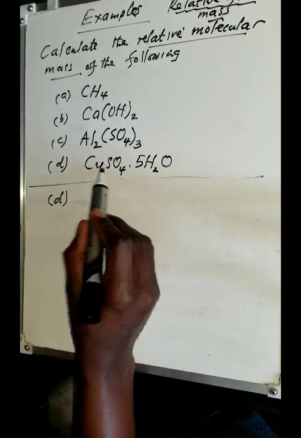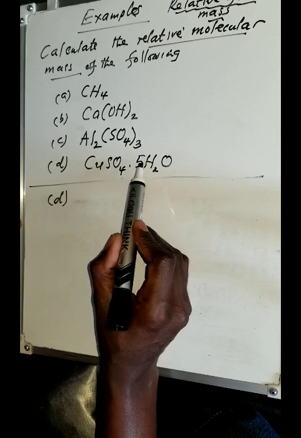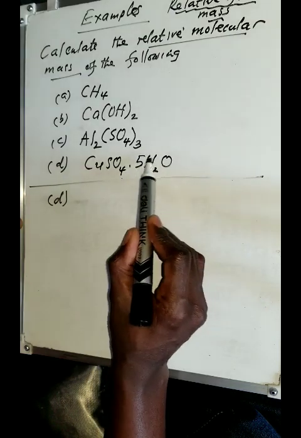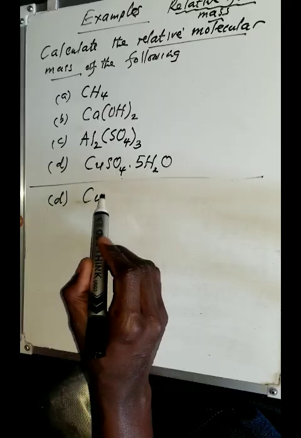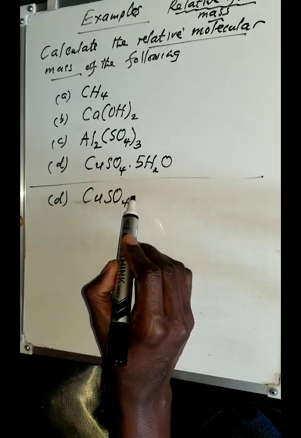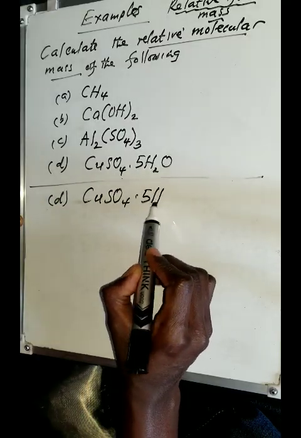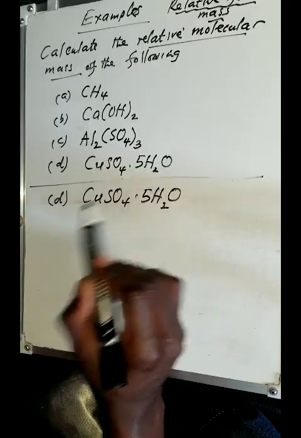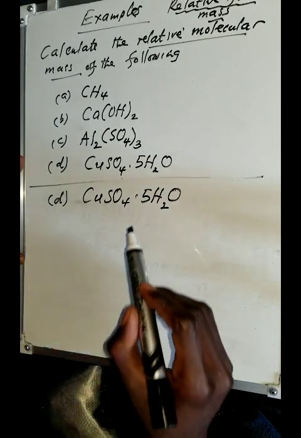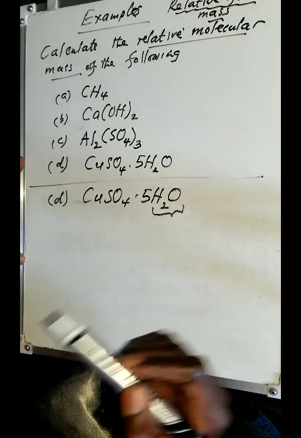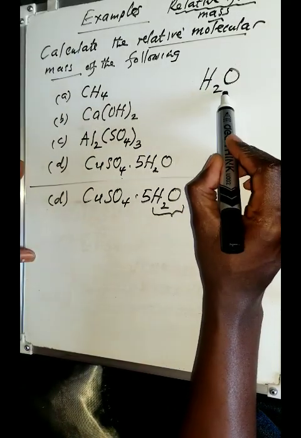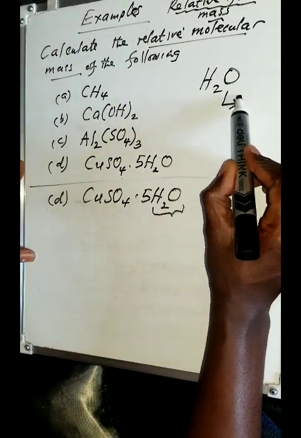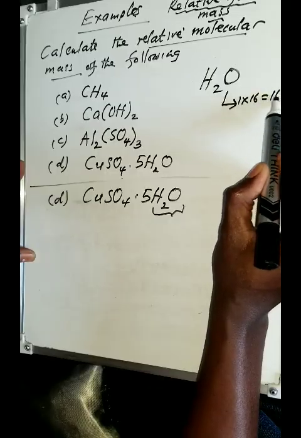You have got the hydrate. This is what we call copper 2 sulfate pentahydrate, or if you want you can say 5 water, that is fine. So if you look at copper 2 sulfate dot, that shows the separation of the water molecules incorporated. Now what you can do here is treat the water as 1. That's the easiest. Now if you look at just H2O, the Mr of water, it's 1 times 16, which will give you 16.